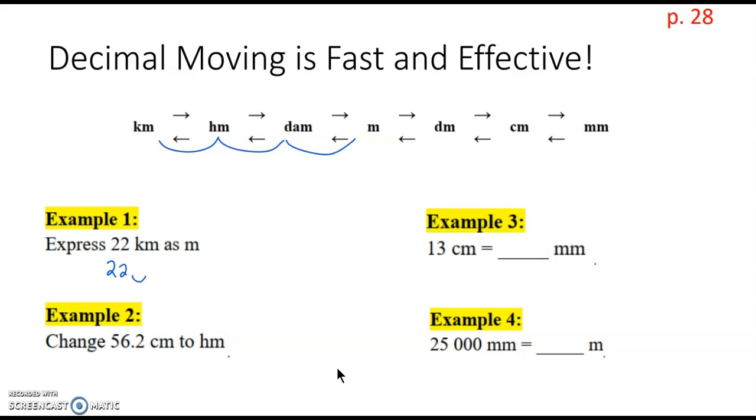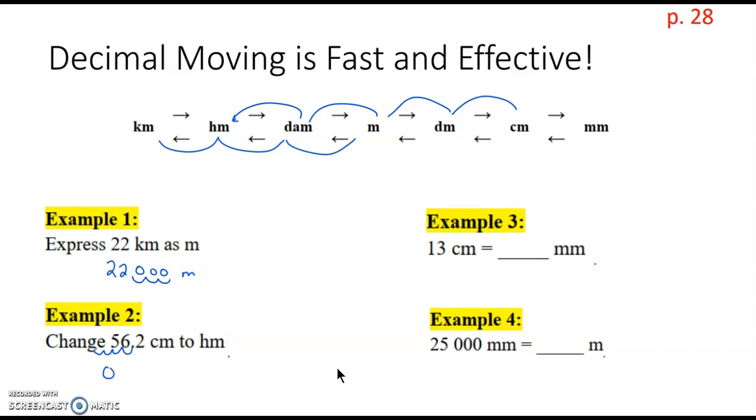So we're going to take the 22 and add 3 zeros, giving us 22,000 meters. If we are changing 56.2 centimeters to hectometers, this means that we're moving 1, 2, 3, 4 places to the left. So we can move our decimal accordingly. 1, 2, 3, 4.